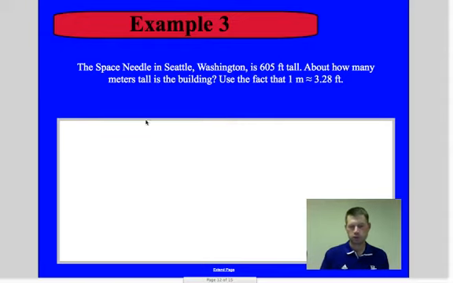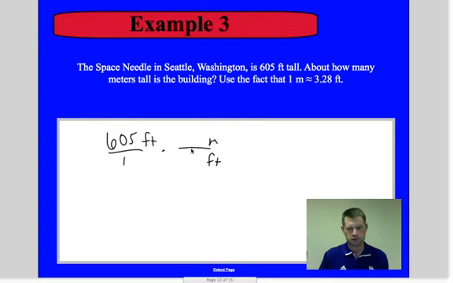Okay, so just like we were doing in the last couple problems in the last video, what we're going to do is write here 605 feet, and again that's still over 1, so we want to make this conversion. Because feet is on the top, now it's going to be on the bottom, and that means that meters is here.